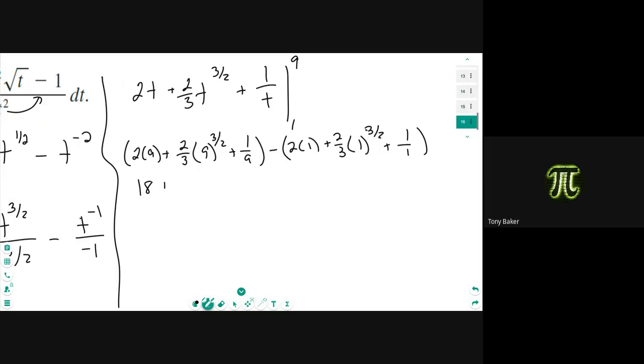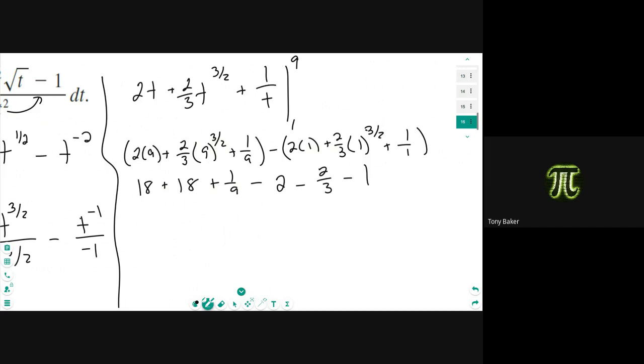18. 3, 27, 9, 18. Minus 2 minus 2/3 minus 1. 36.